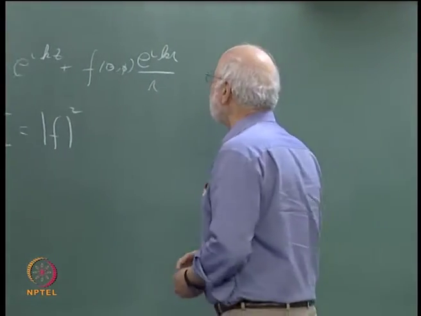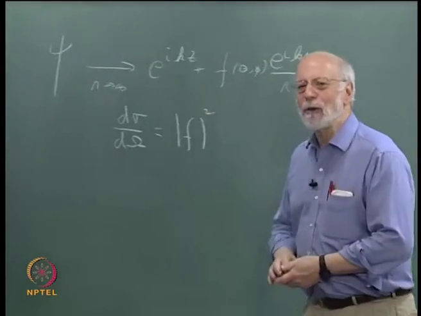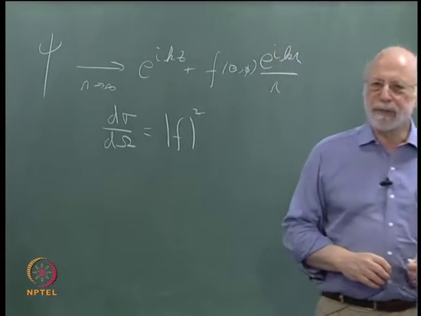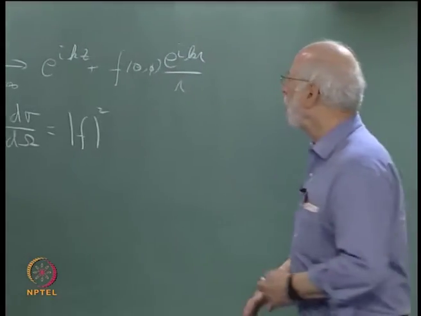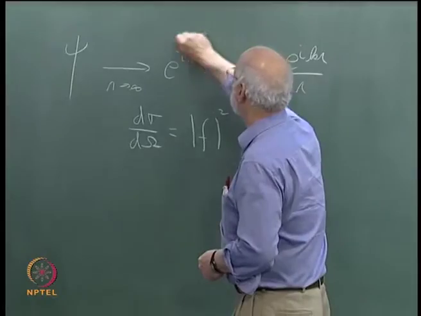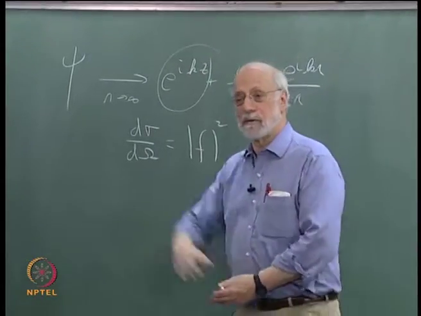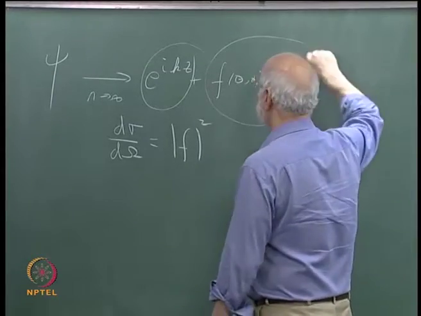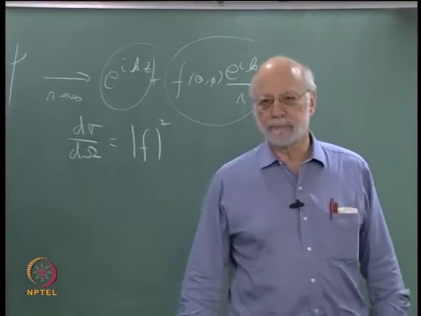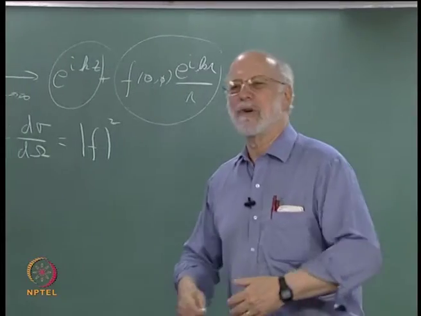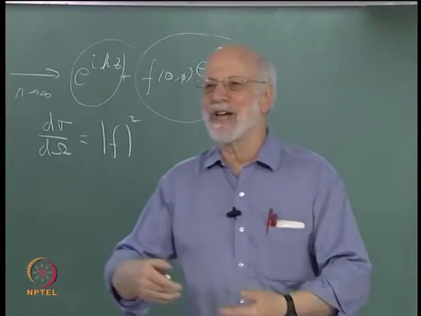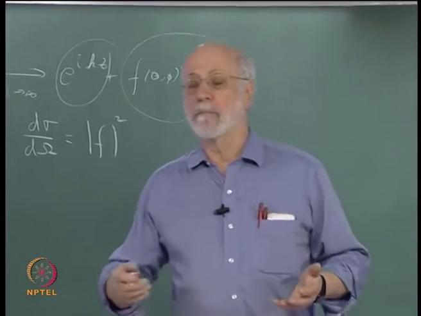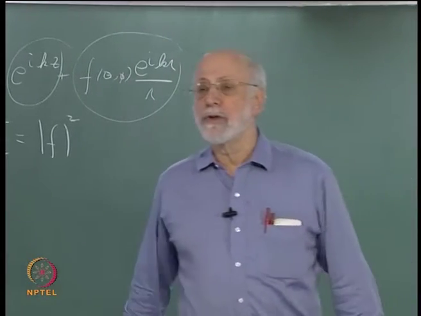The way you get this is by looking at the probability current density for the incident wave, that's just the plane wave coming in, and the scattered wave. And it turns out that the probability current density you just get from the continuity equation for the Schrodinger equation.